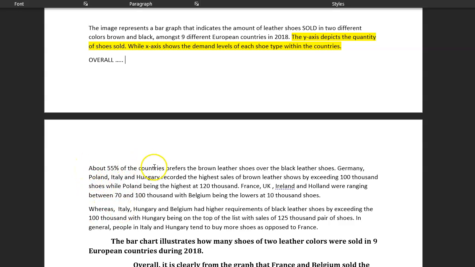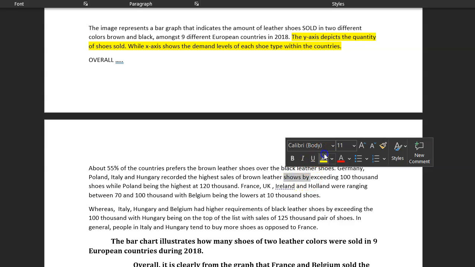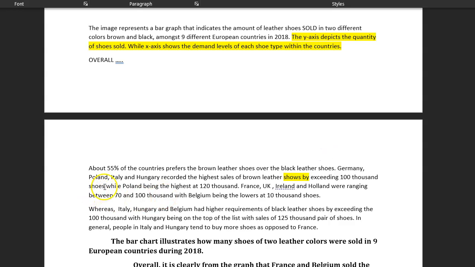Okay, about 55% of countries prefer brown leather shoes over black leather shoes. Okay, interesting. Germany, Poland, and Hungary recorded the highest sales of brown. Just go exceeding 100,000 shoes, while Poland was the highest.